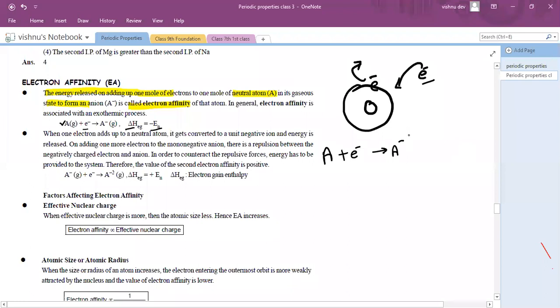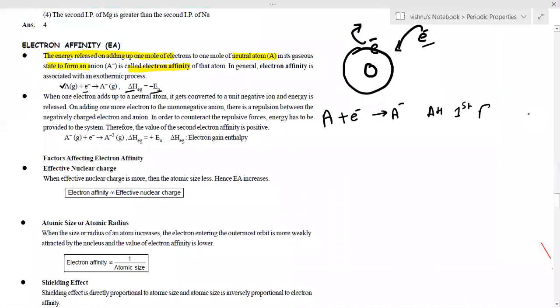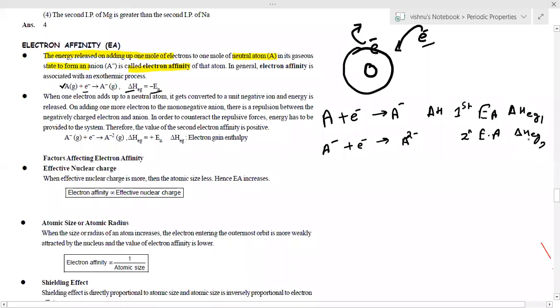In this case, delta H will be your first electron affinity. But when this A minus accepts another electron, it will form A2 minus. So this would be your second electron gain enthalpy or second electron affinity. So delta HEG, where delta HEG is your electron gain enthalpy.